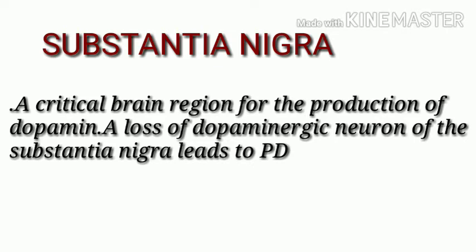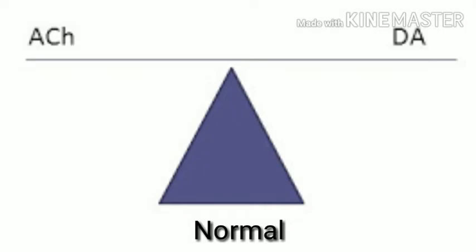And remember one more thing, normally there is a balance between the neurotransmitters acetylcholine and dopamine. Acetylcholine is an excitatory neurotransmitter while dopamine is an inhibitory one. Therefore, they are always balancing each other.